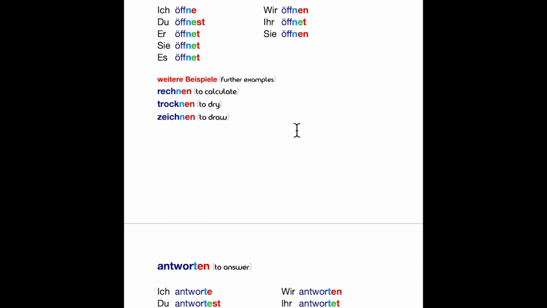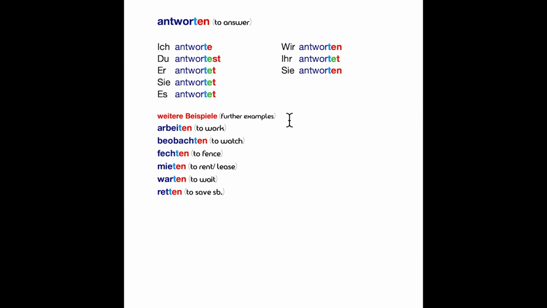That's the rule. Now, then I told you, if your word stem ends with a T, as in Antwort, antworten, to answer, the word stem Antwort, then same thing applies. Ich antworte. No difference here. We love that. You need the helper E for du.